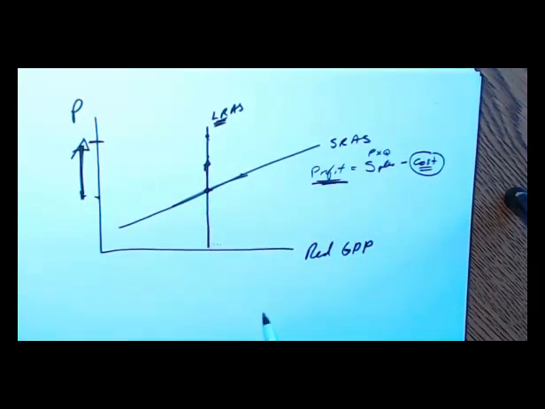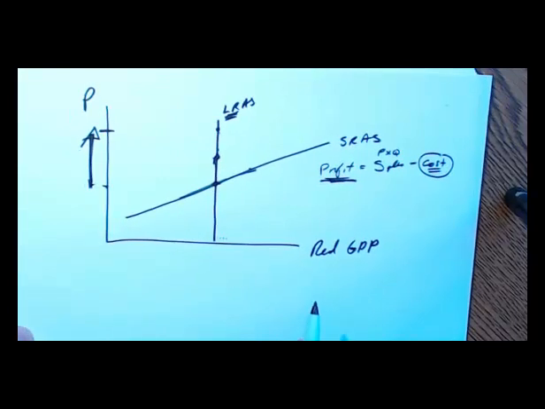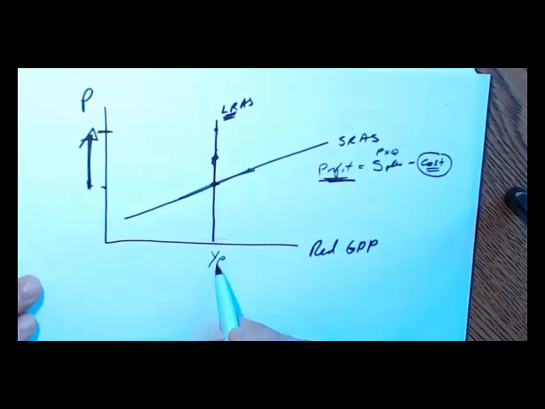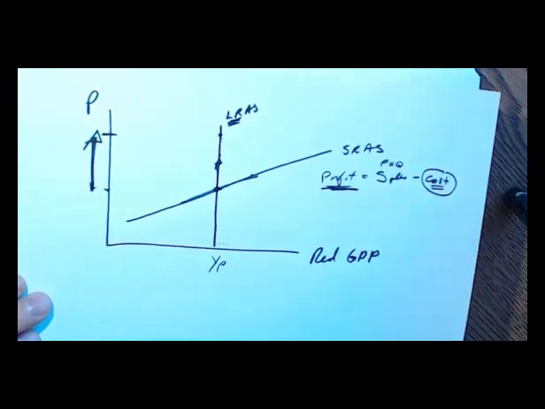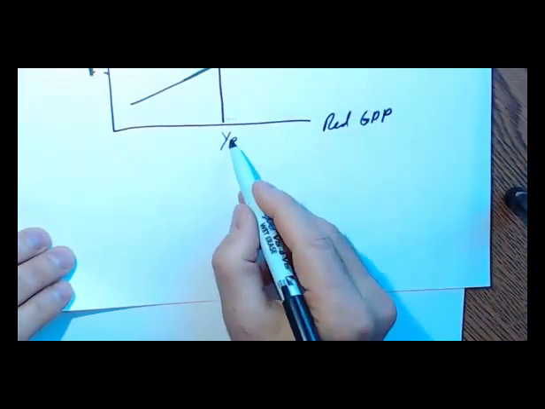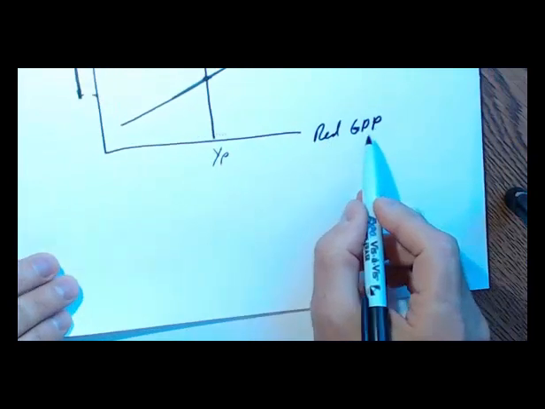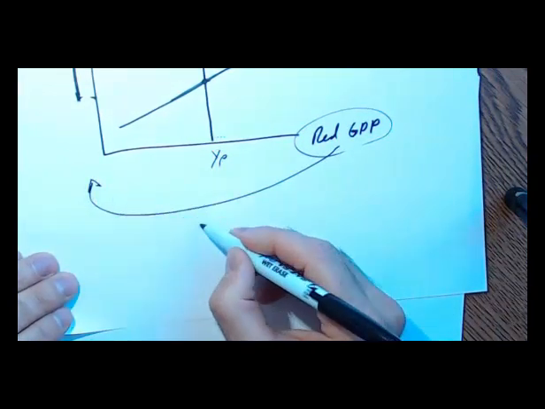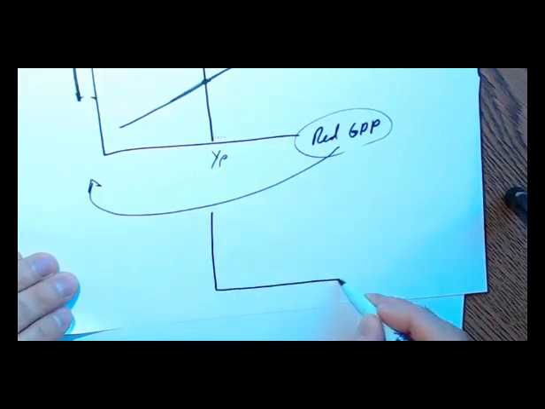Keep in mind also that this level right here is sometimes labeled YP, your potential GDP. So flip this axis. This is on the x-axis; pretend it's on the y-axis and you put time here.